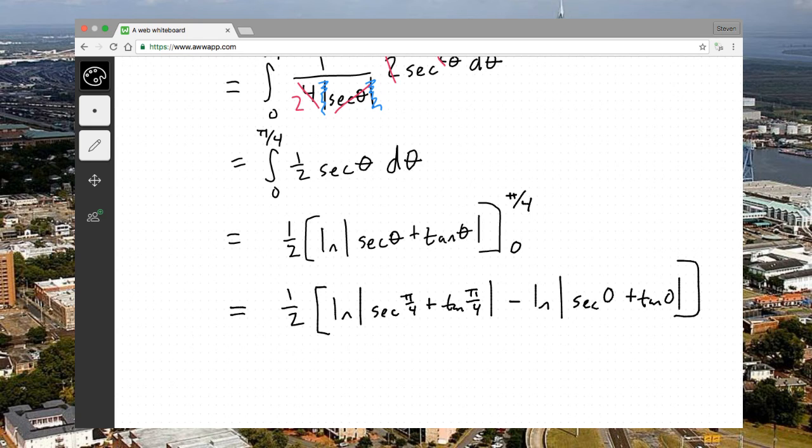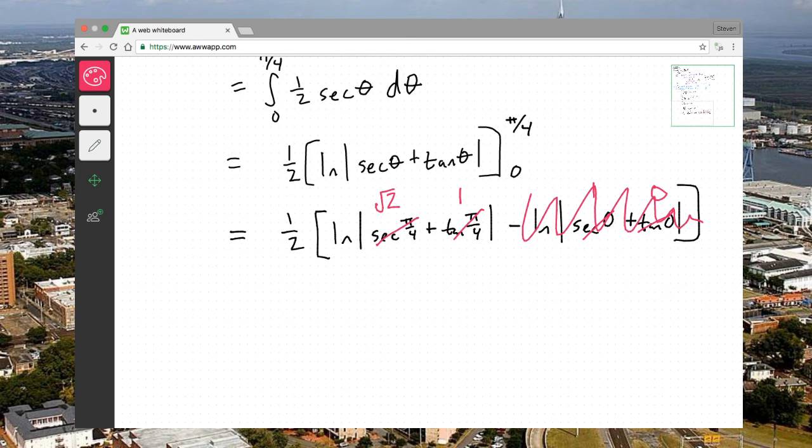Let's do some simplifying of the trig involved here. Secant of pi over 4 is the square root of 2. That's root 2 over 2 inverse. Tangent of pi over 4 is 1. Secant of 0 is 1. Tangent of 0 is 0. Notice that the natural log of 1 plus 0 is 0, so all that goes away.